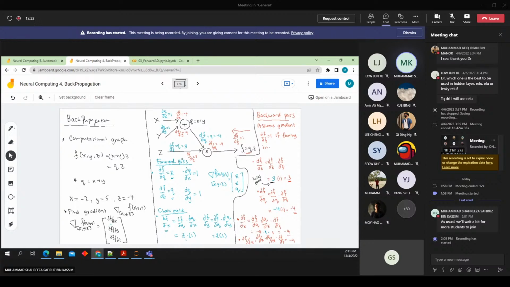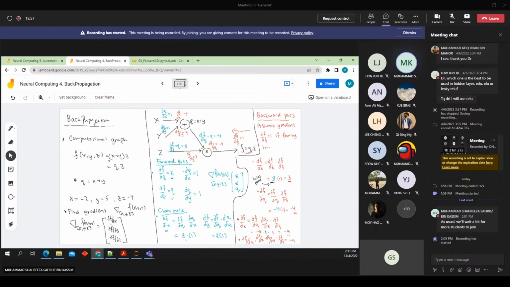But the idea is that for a neural network as well, we can do the same thing. So here we have a computational graph. This is not a neural network, right? Because a neural network has weights and biases, activation functions and all that. But this is just a simple computational graph: x plus y, x times y, and things like that.